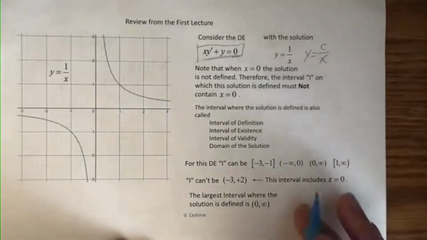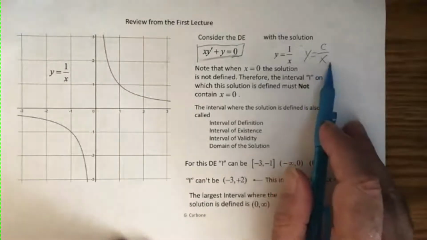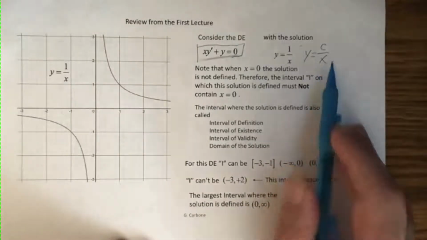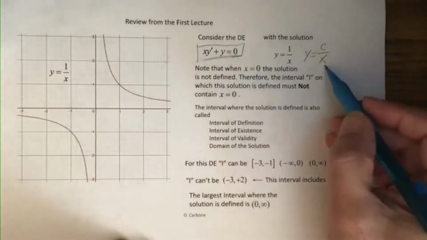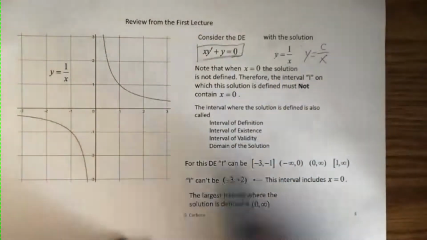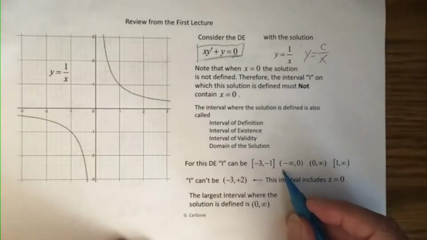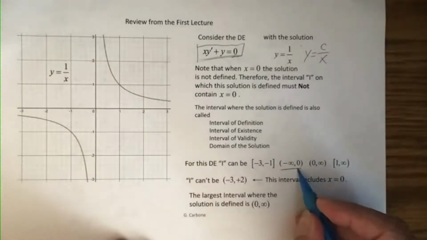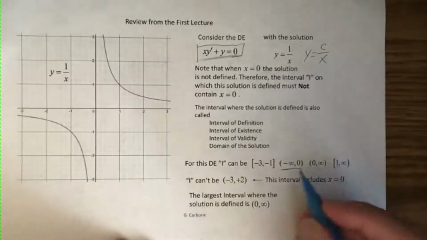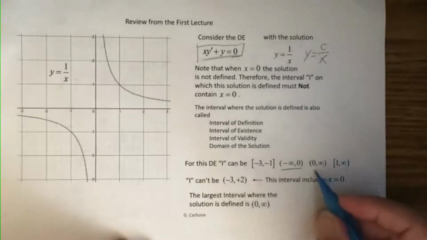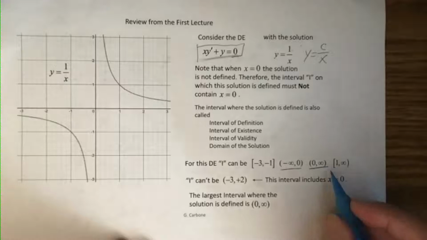And we all know that the largest interval will either be from where this is defined, right? I can't divide by 0. So the largest interval will either be from minus infinity to 0, where we have to use the parentheses, using interval notation, or this.